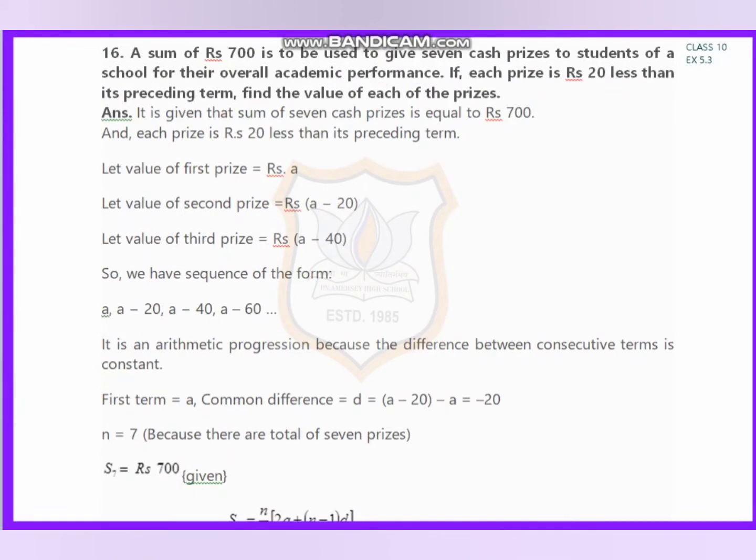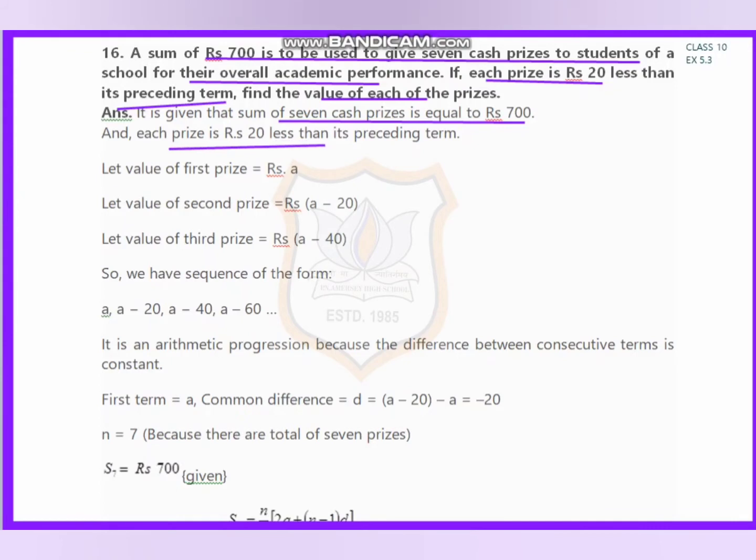Question number 16. A sum of 700 rupees is to be given as 7 cash prizes to the students for academic performance. If each prize is 20 rupees less than its preceding prize, find the value of each prize. Here we have 7 cash prizes with a total amount of 700 rupees. Means I have to give a total of 700 rupees in the form of 7 cash prizes, and each differs by 20 rupees from the preceding prize.